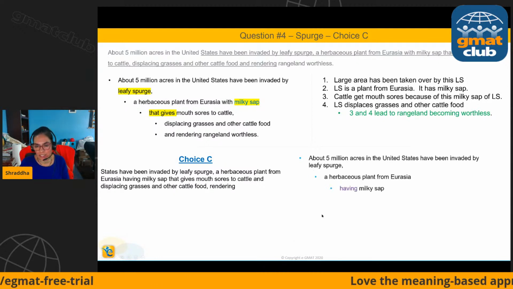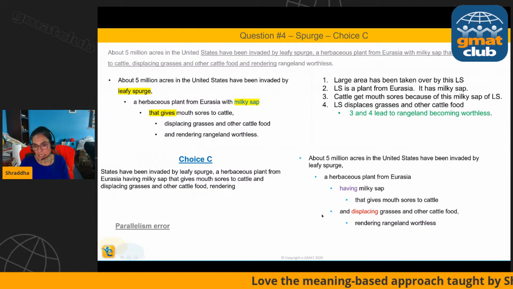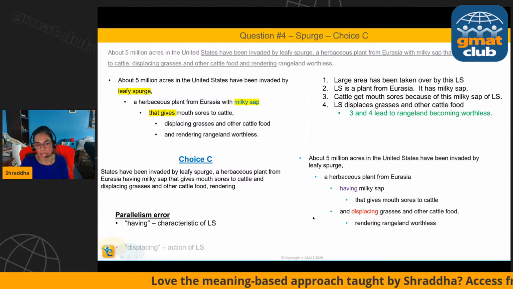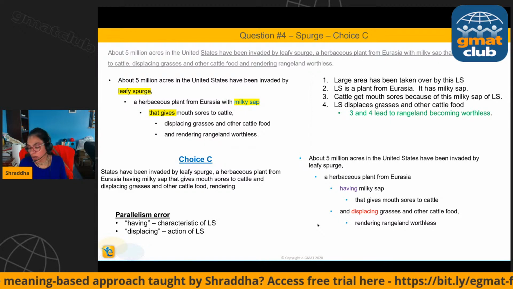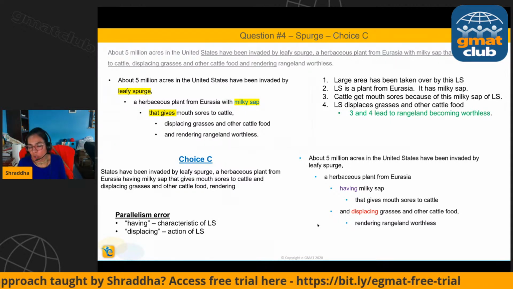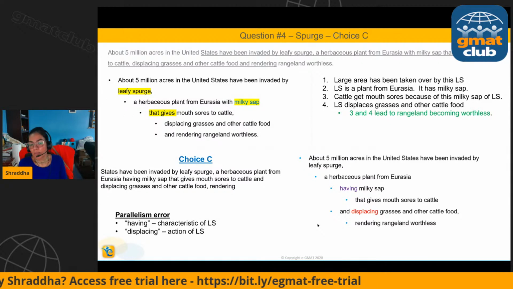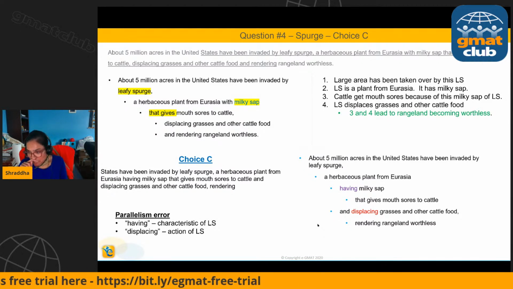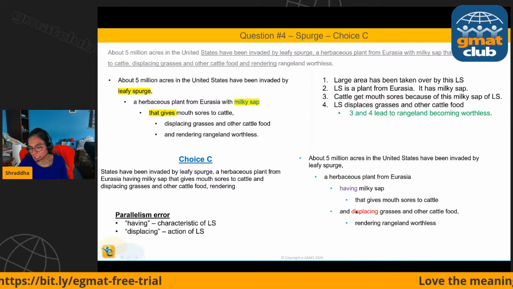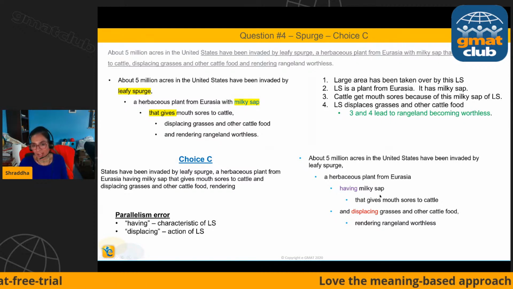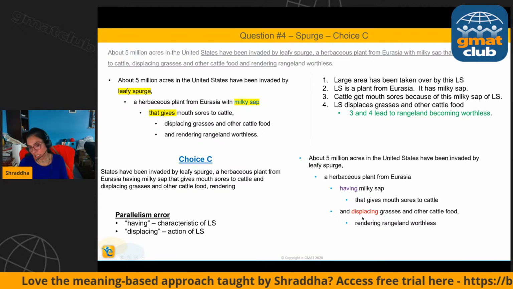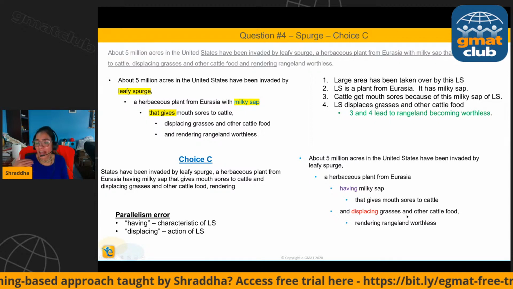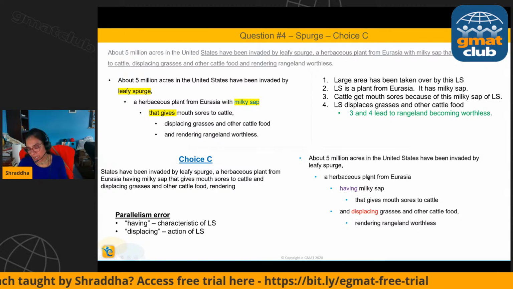Choice C is wrong because now again, you look at this and it appears to you that, yeah, another answer choice that looks grammatically all right, but most definitely this choice is incorrect, because having and displacing cannot be parallel. Why? Because having is a quality of a herbaceous plant. It's a feature, it's a characteristic of herbaceous plant. But displacing grasses is one of the actions that is done by herbaceous plant.